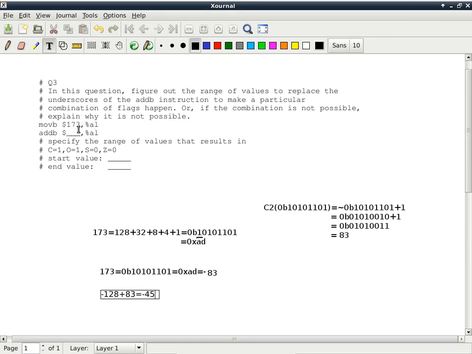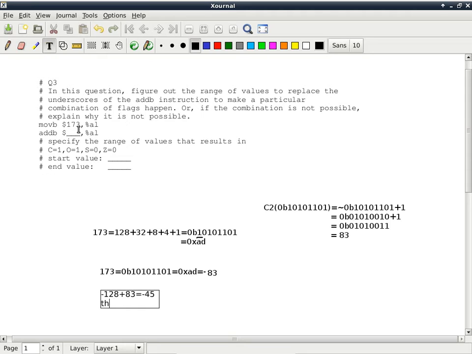Negative 45 is the last value that you can use in place of the underscore without overflowing. So if you want to overflow, you have to start with negative 46 and go all the way down to the most negative value, which is negative 128.